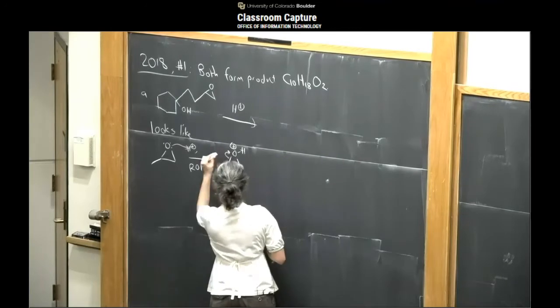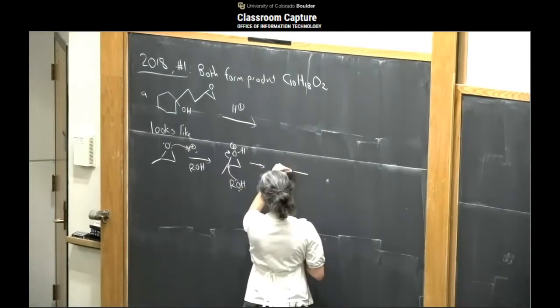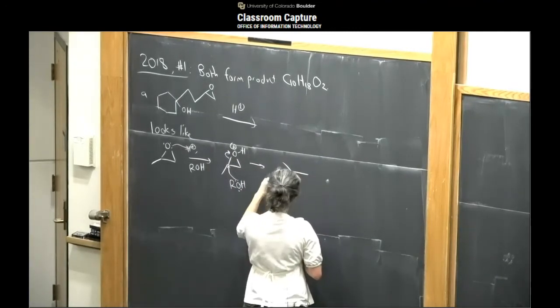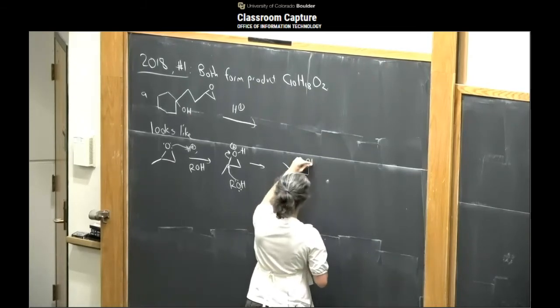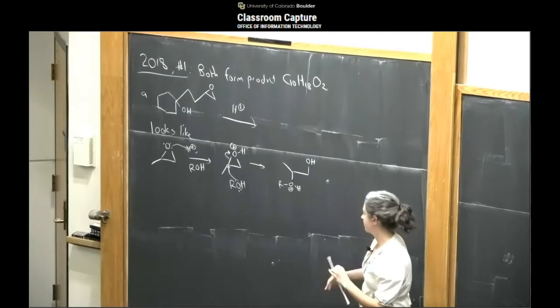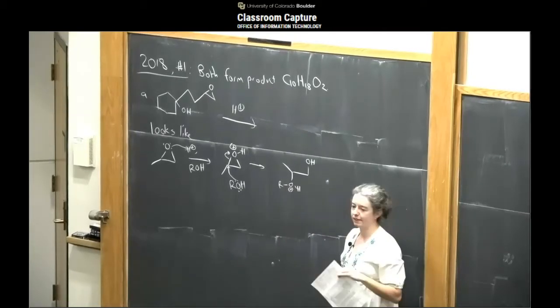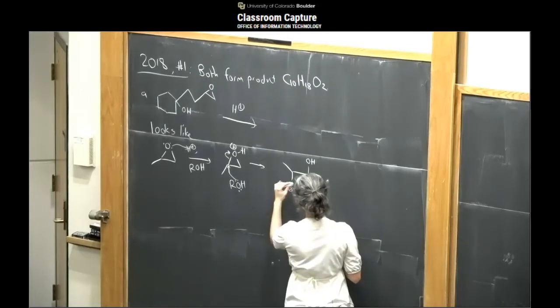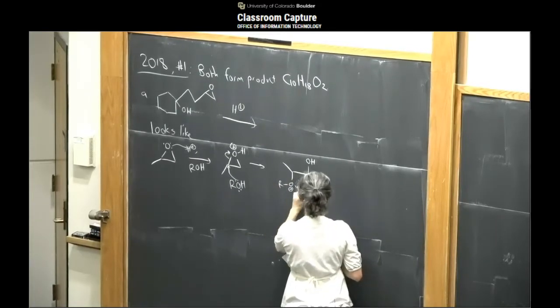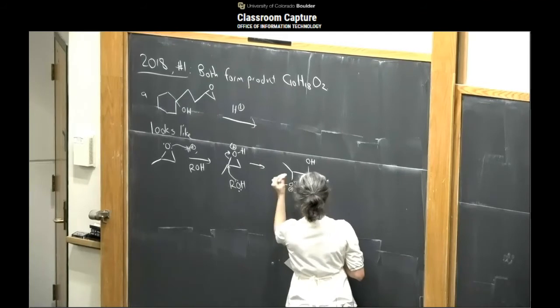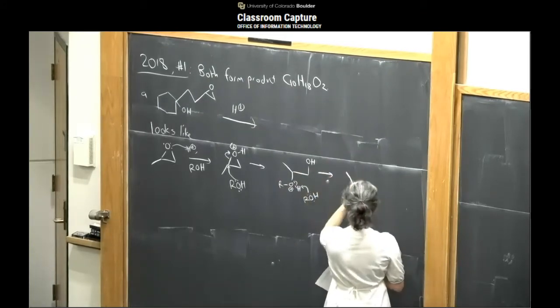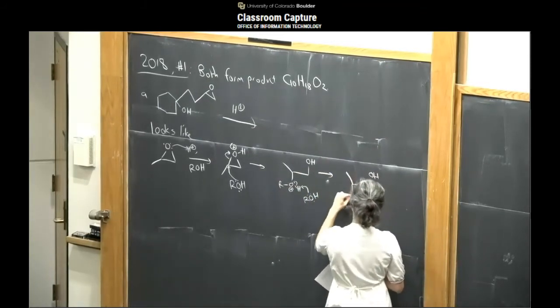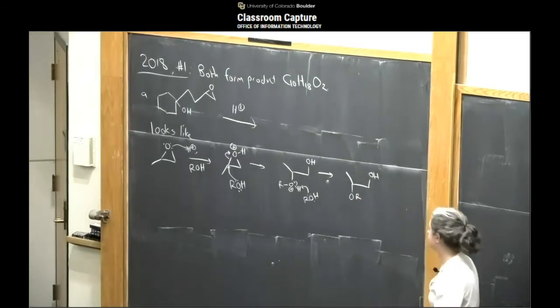So I attack here, pop that open, and get this initially, which has one more step to clean up that positive charge, which is just deprotonating here. I can be vague about it, or I can show another ROH coming in for it. Doesn't matter too much. But that's where I end up.